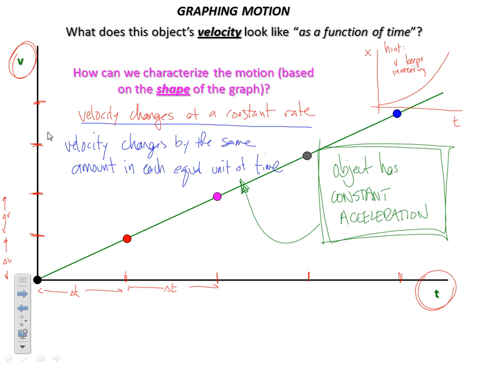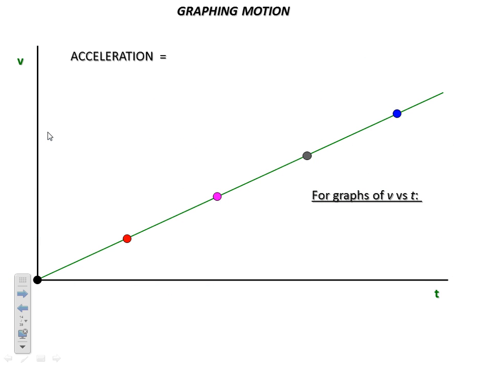If we say that a constant acceleration means a constant rate of change of velocity, well, acceleration is, therefore, by definition, the rate of change of velocity.